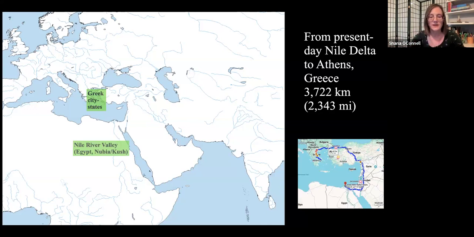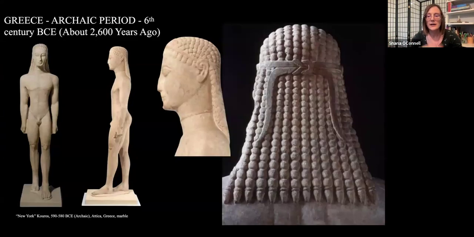We know from various archaeological and historical sources that sailors from Africa, from Asia, from Greece, from all over the Mediterranean, would move around by hugging the coast with their ships. And presumably this is part of how the artistic style comes from the Nile Valley and moves into Greece. So this is our earliest example of a Greek freestanding sculpture, 2,600 years ago.